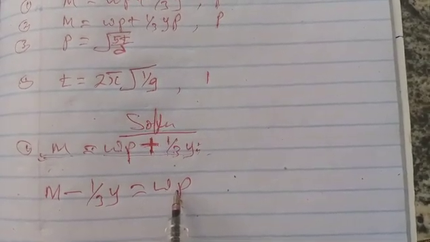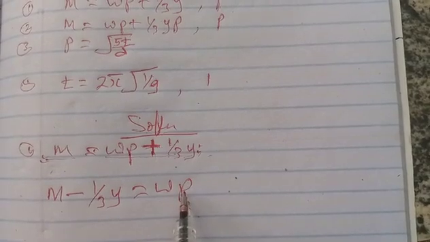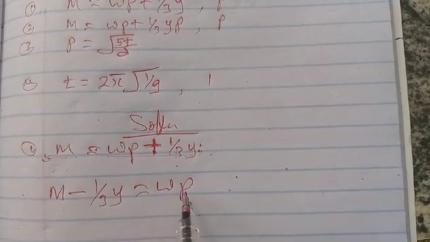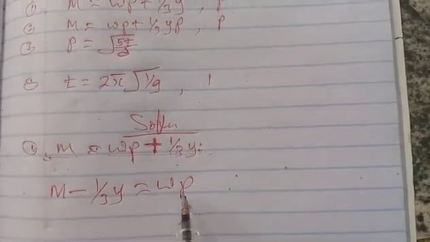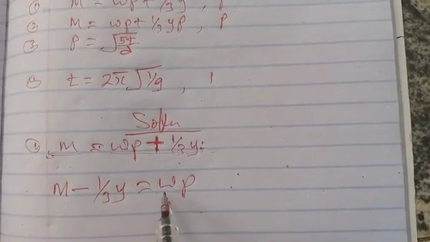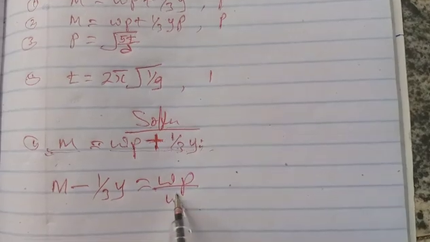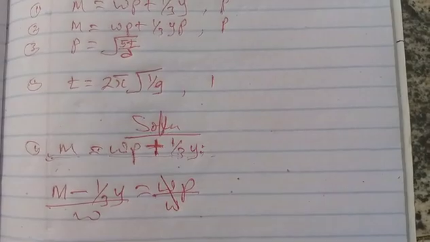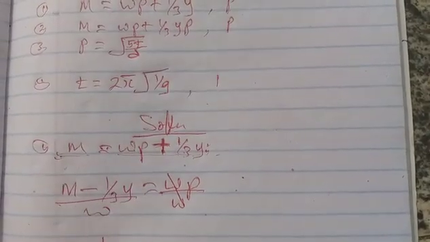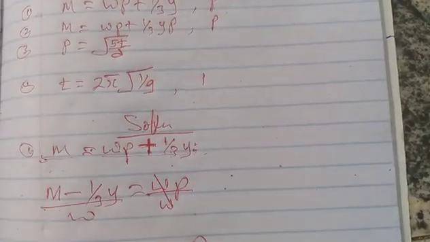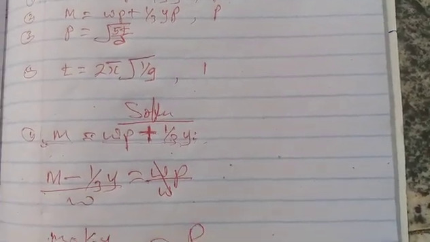So anytime you see a letter attached to the one you want to make subject of the formula, just divide both sides by that letter, so that the P you need will stand alone. So which one are we dividing by? We are dividing both sides by W, so that P can stand alone. You see it? So I'll just have M minus 1 over 3y, all over W, equals P. My P has stood alone. So that's the final answer to the first question.